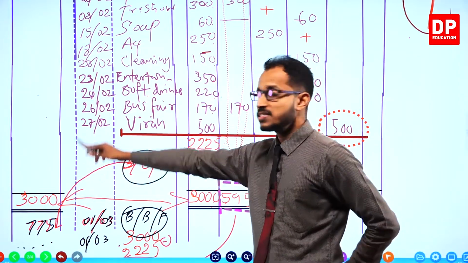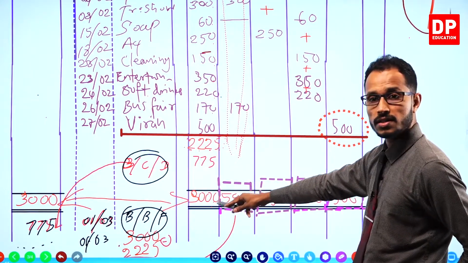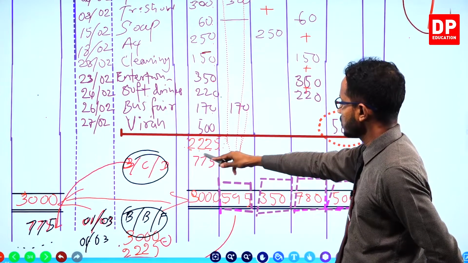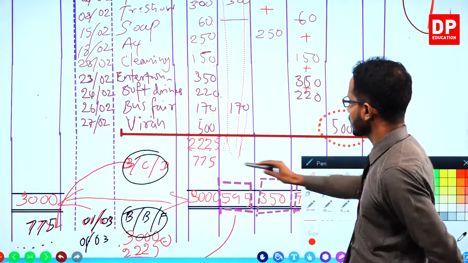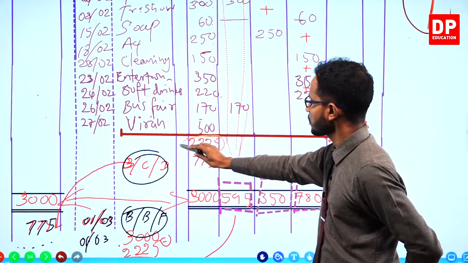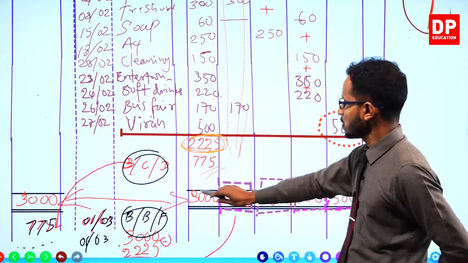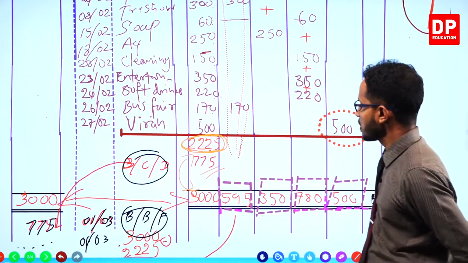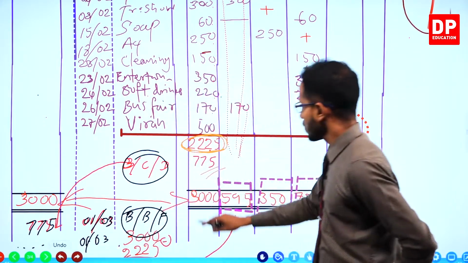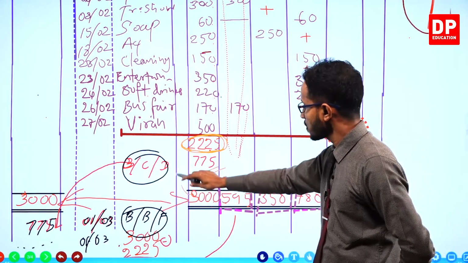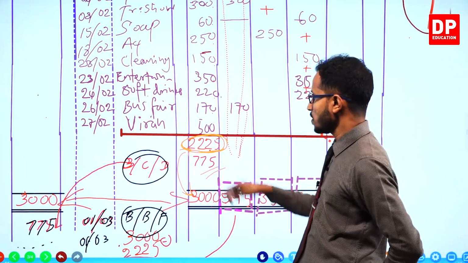Taking the total of the received column, putting the same total in the payments column, taking the total of the payments column, and taking the difference between the total received and total payments.